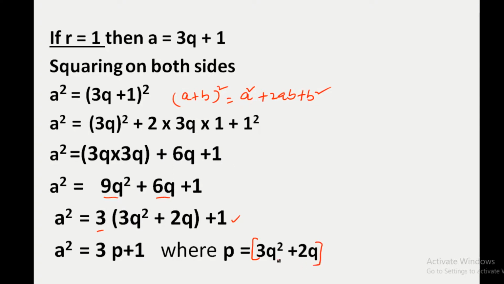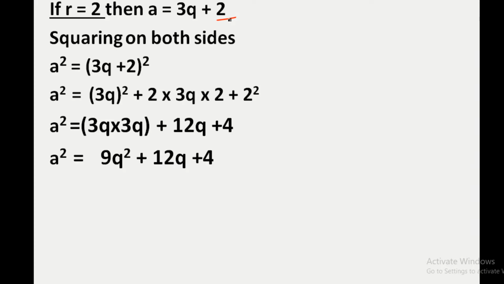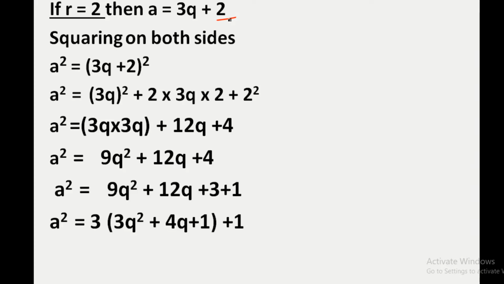And we'll see the final case where r is equal to 2. If r is equal to 2, upon squaring on both sides, applying the same formula a plus b whole square, there will be a little change in the value of the terms. We have 2 here in place of 1, so a little bit more value we'll have, and this becomes like that, and we took 3 common from these 3 terms.